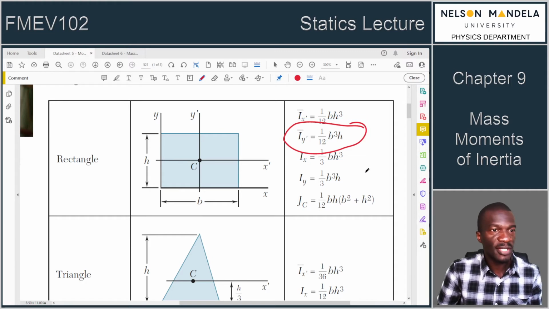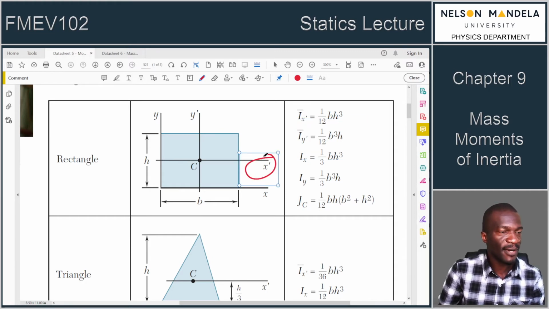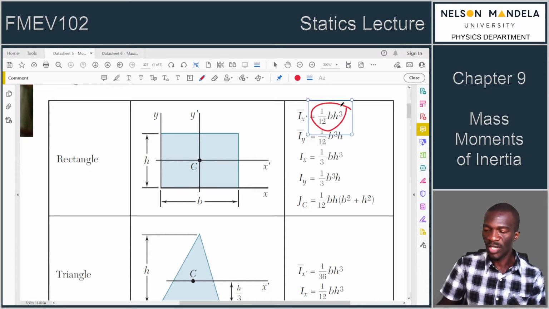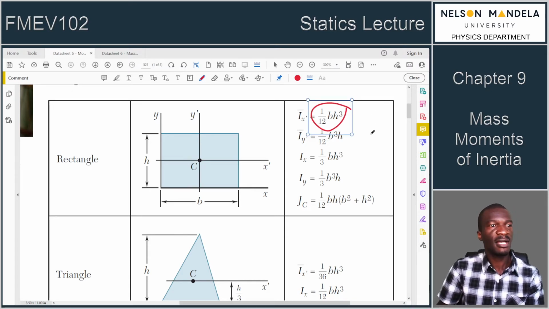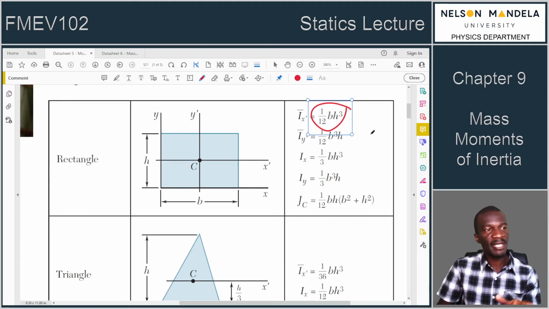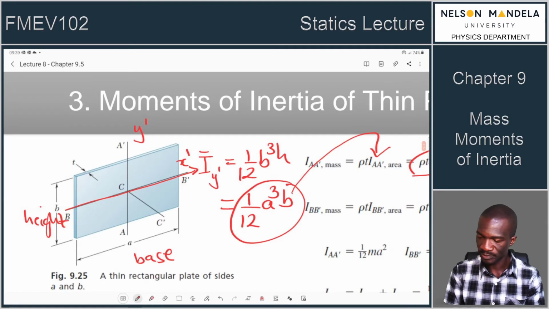Now we're happy with this one. We want about the x prime axis, centroidal about the x prime axis. So what we're getting is we've got a 12th of b h cubed, a 12th of the base times height, which is the width, cubed. So let's now reinterpret it here.